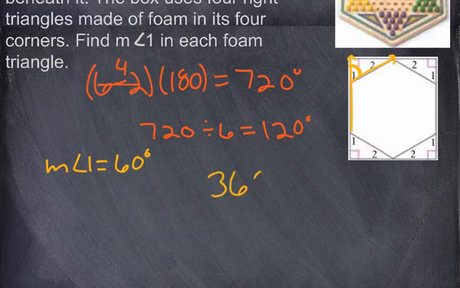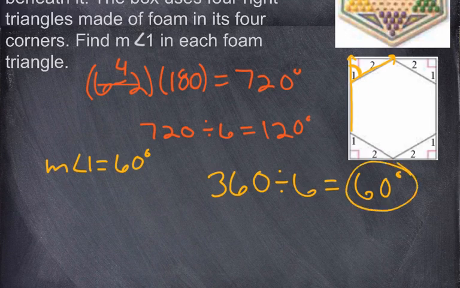So we take 360, we divide that by 6 exterior angles. Notice we get the same answer. We get 60 degrees. Okay? So, there's two ways of doing it. One requires a lot less work. If you're looking for an exterior angle, just divide it from 360 and that will give you that 1 if it is a regular polygon.